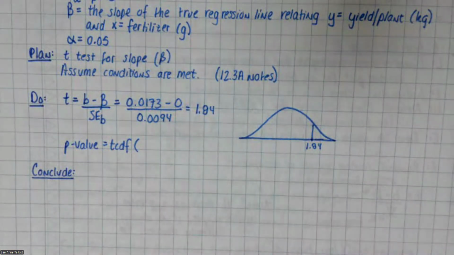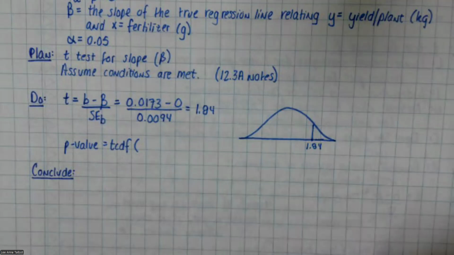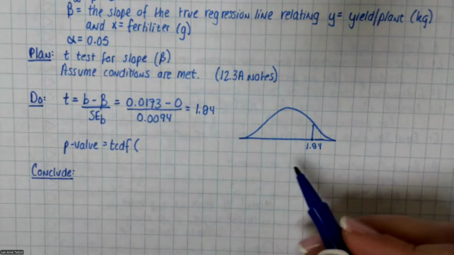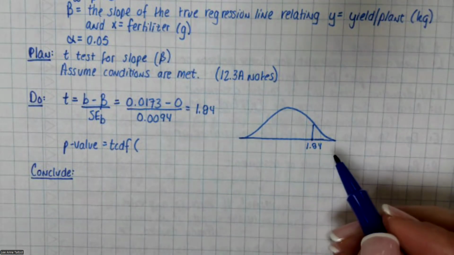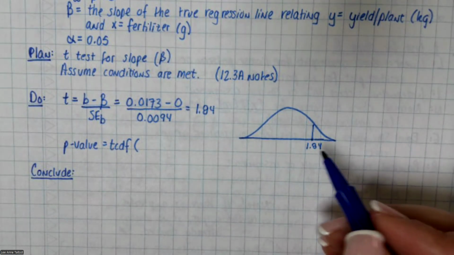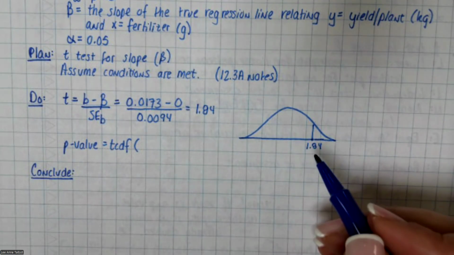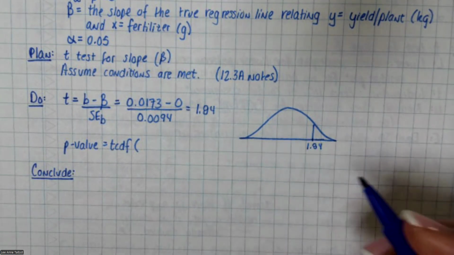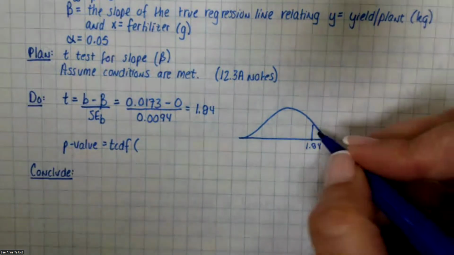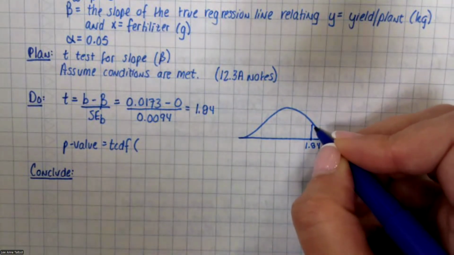Okay, so you've been living in a wonderful land of chi-square, where the chi-square was always the low and infinity was always the high, but that's not the case with the t-curve. So I've drawn you a curve. It looks normal, but just pretend it's a t-curve. 1.84 is up here.